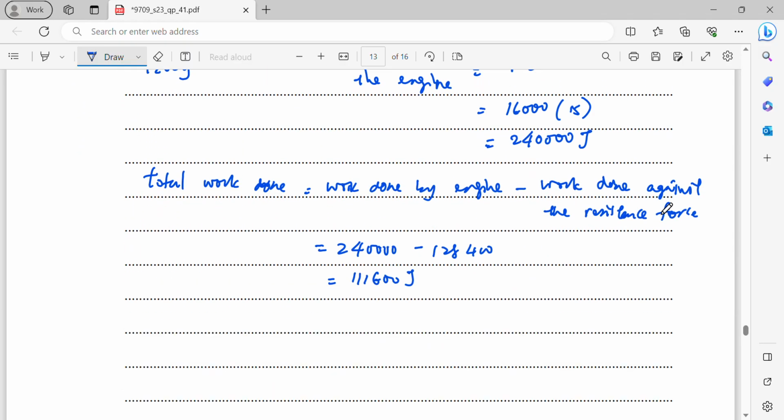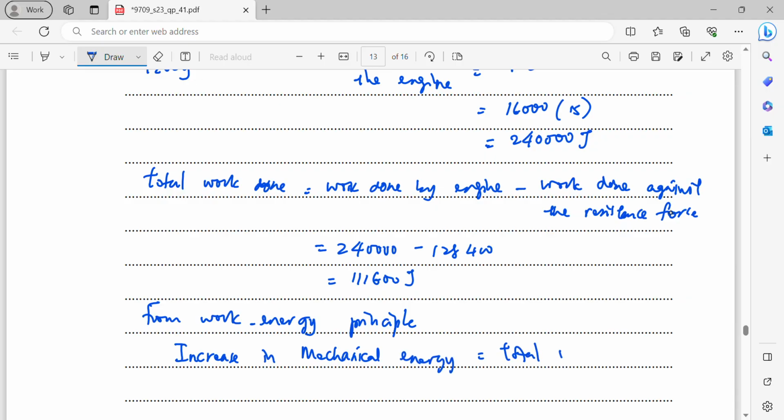Alright, so to solve this question, I need to refer to the work energy principle. So according to the work energy principle, increase in mechanical energy is the same as total work done.